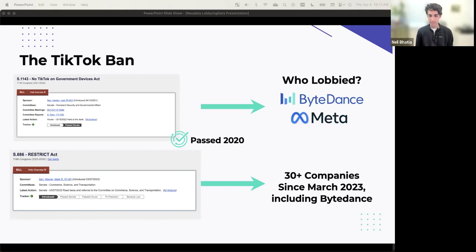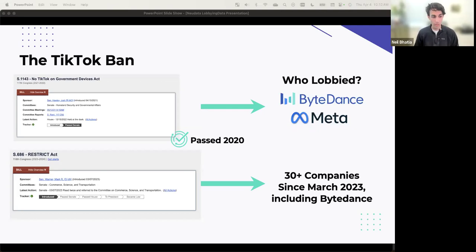It's difficult to tell if it's for or against, but when it comes to ByteDance themselves lobbying on the Restrict Act, you can probably guess that it's going to be against some sort of regulation against this company. But when you see a company like Meta or another advertising company that is potentially a competitor to TikTok, that's really where the interesting insights start to come from.